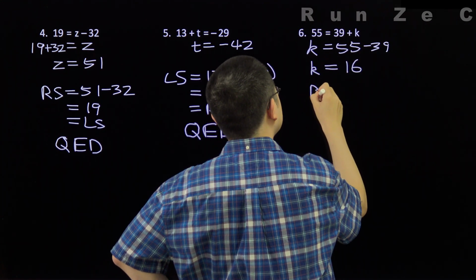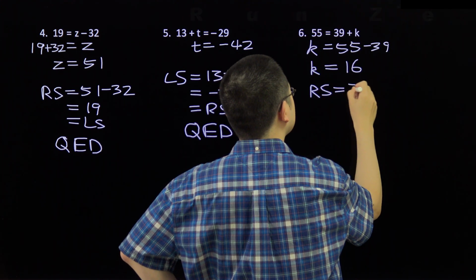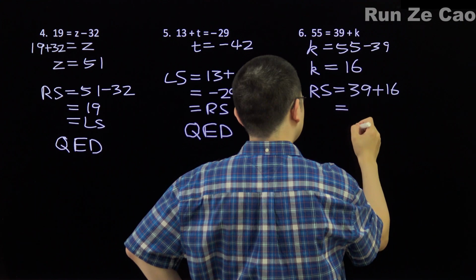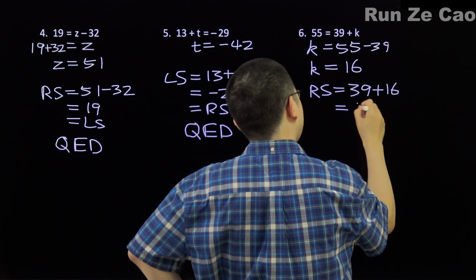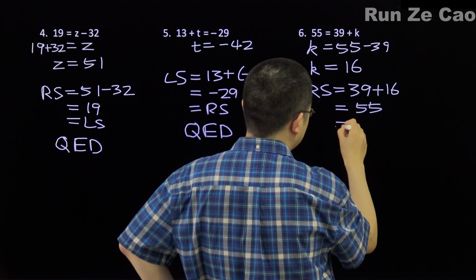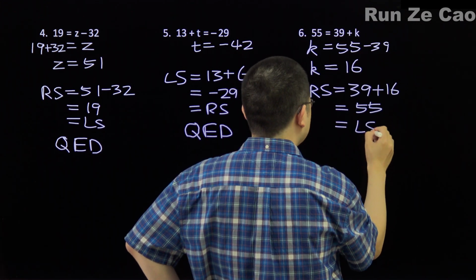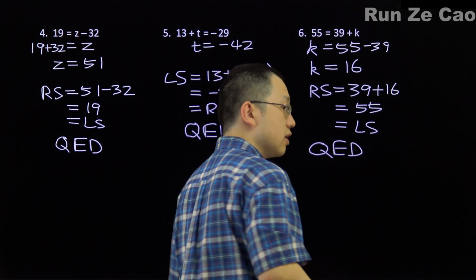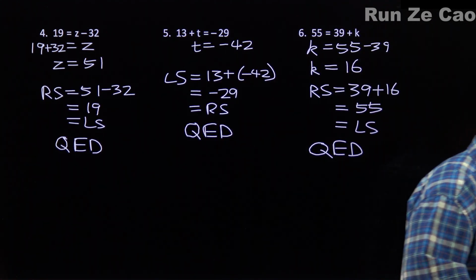So, right side is equal to 39 plus 16, which is equal to 55. Equals the left side. Therefore, what's been asked has been shown. We've checked this thing.